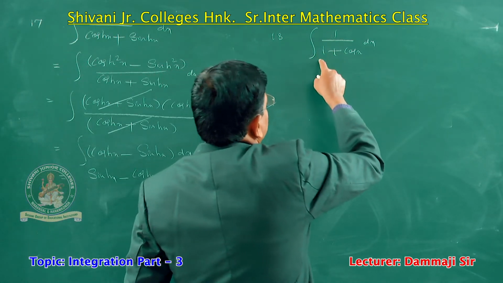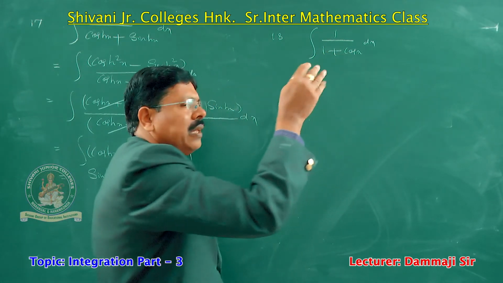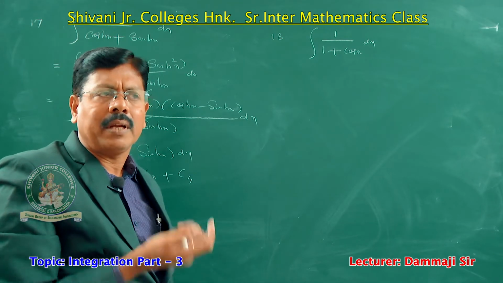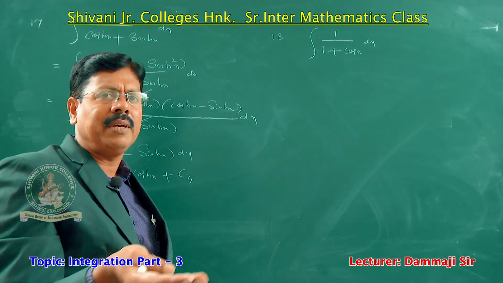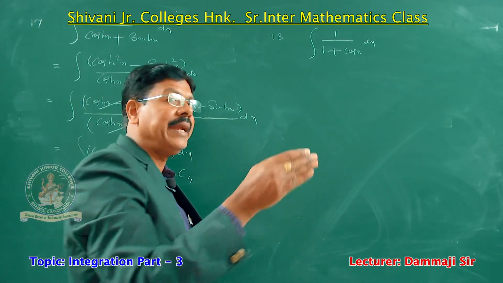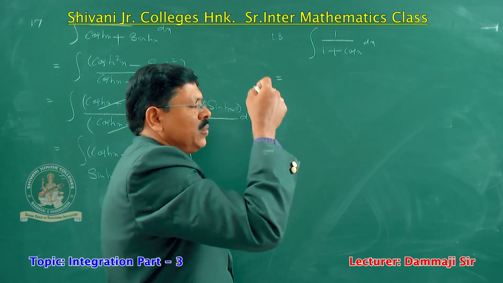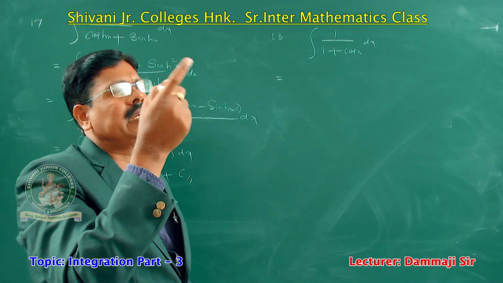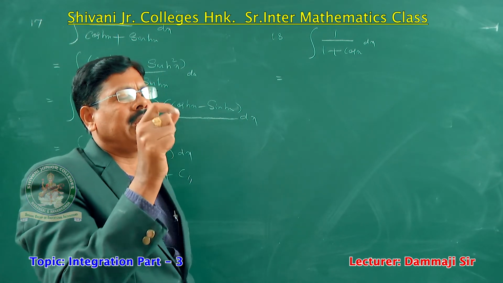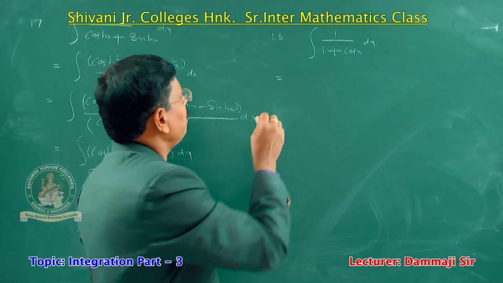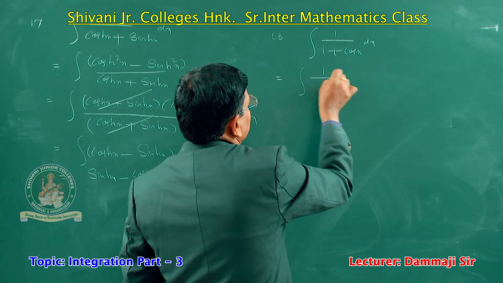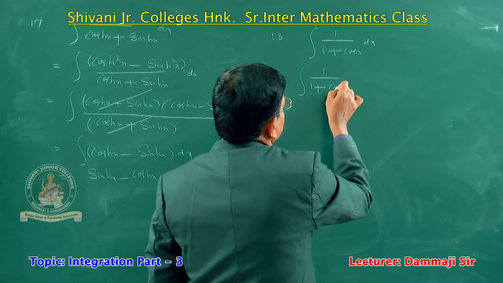What about the next given problem: integral of 1 plus cos, there is no formula. So again we prepare the formation, we can reduce it. What about the process? You can search, by using trigonometric compound or multiple or anything. One of the processes is rationalization.